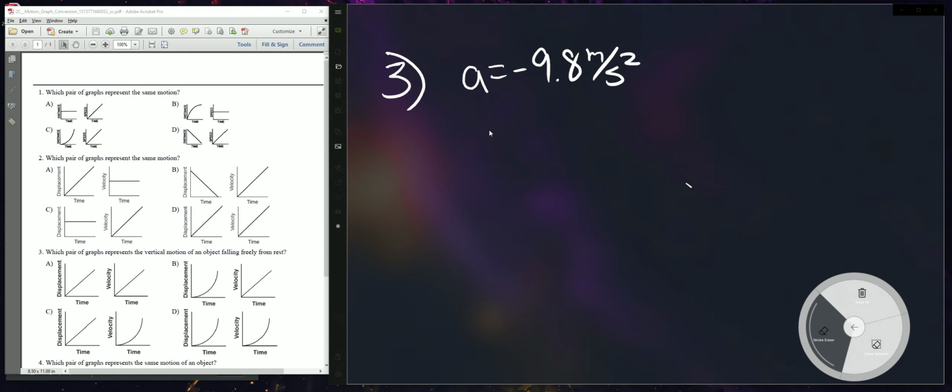Now, I'm looking at these graphs right now, and none of them show a negative velocity, negative acceleration rather.